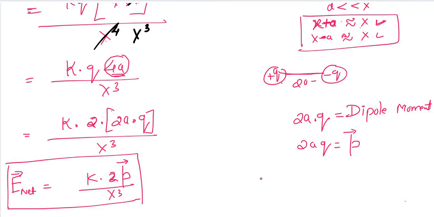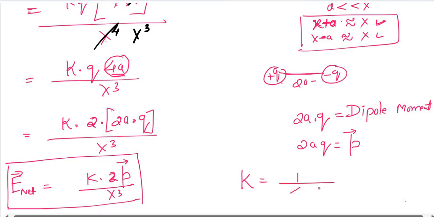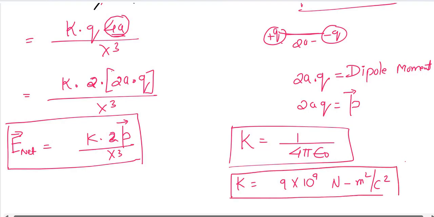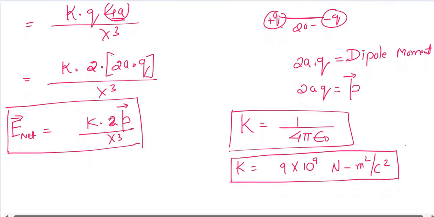Okay. And for your information, k is nothing but 1 upon 4 pi epsilon naught. This is how it was defined. And the value of k is 9 into 10 raised to power 9, with the unit Newton meter square per Coulomb square.